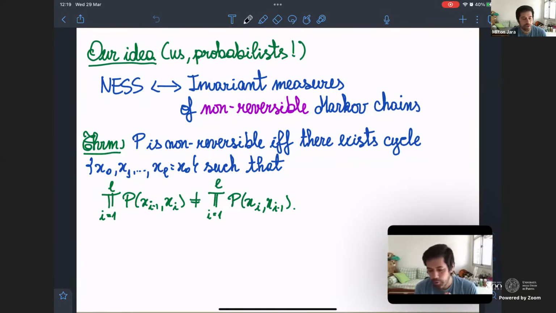Of course, up to here we haven't really advanced anything in terms of the problem itself, but at least now we can state a mathematically meaningful question that is related to the more applied, more realistic question of non-equilibrium stationary states in physical or biological systems.